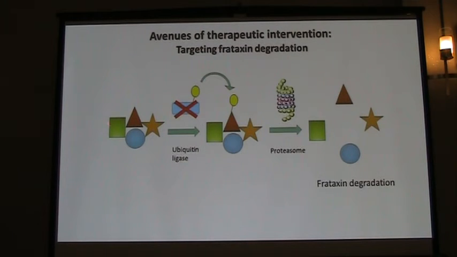We can find small molecules that inhibit this enzyme that transfers the tag, so that the tag is not transferred anymore and frataxin is not degraded. If frataxin is not degraded as efficiently, its level in the cell remains constant, and it helps with its function.